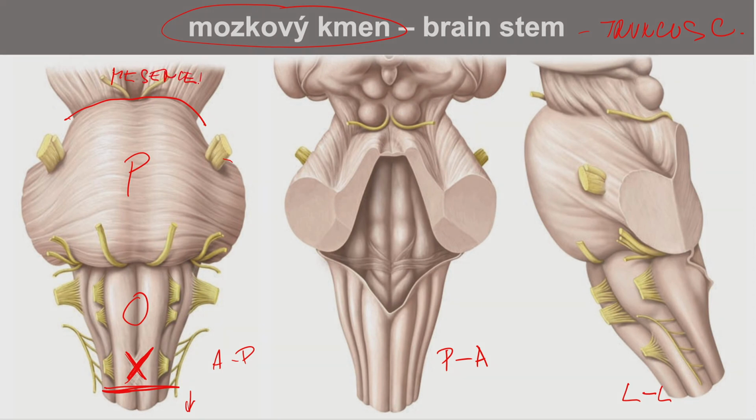Mesencephalon is a very special part of brainstem which is associated with upper centers, with centers which are localized in the diencephalon, and also there are centers or gray matter which is very important for integration of acoustic and visual information.